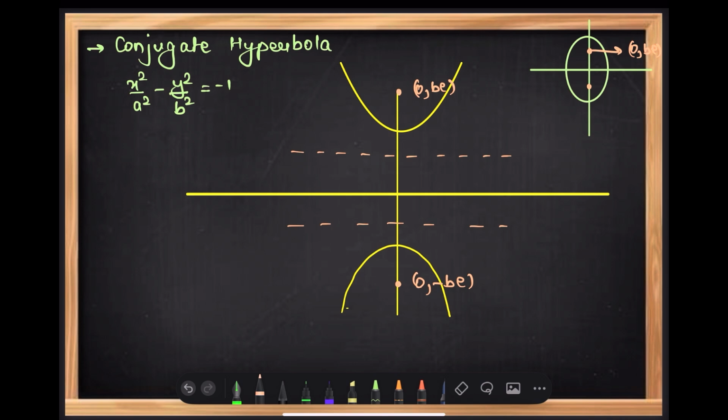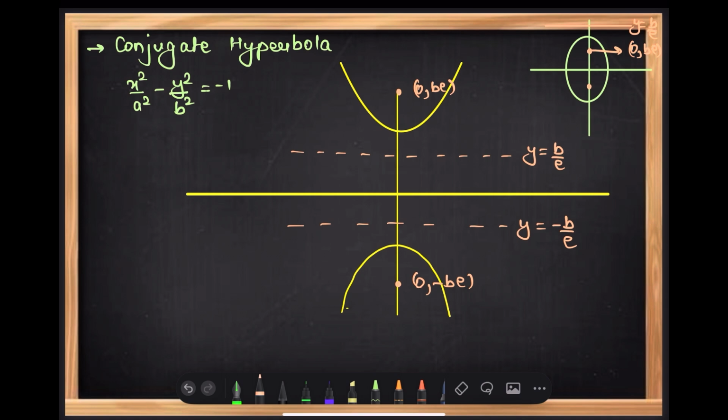Okay. Now, do you remember who was this? Yes, directrix. So directrix was y equals to B by E. So here also y equals to B by E, and here y will be equal to minus of B by E. Okay, I hope till this part you guys are okay.